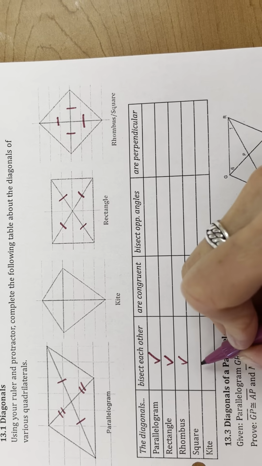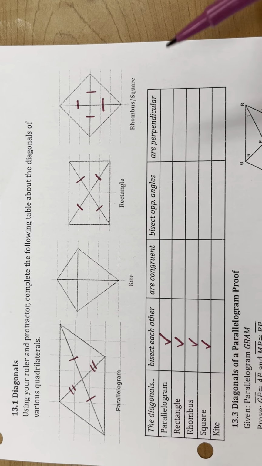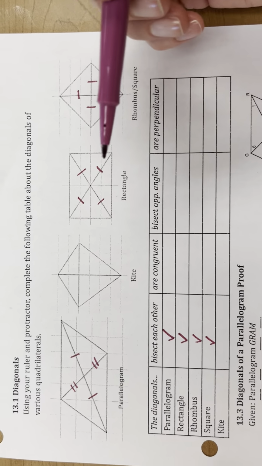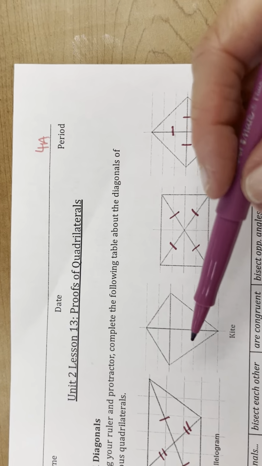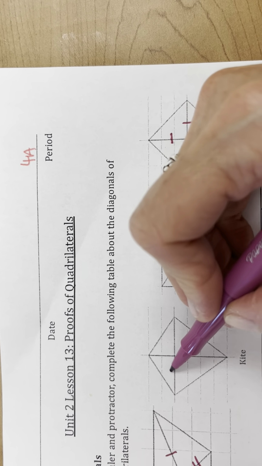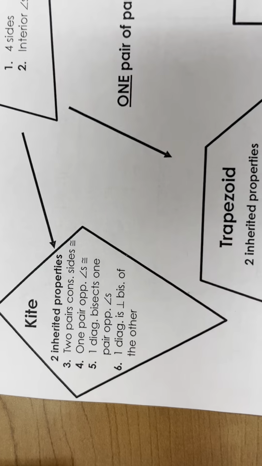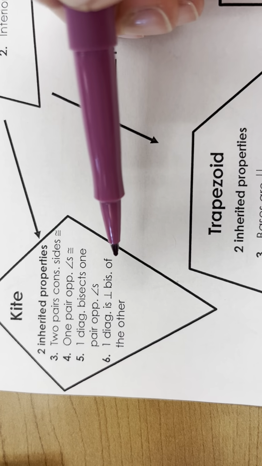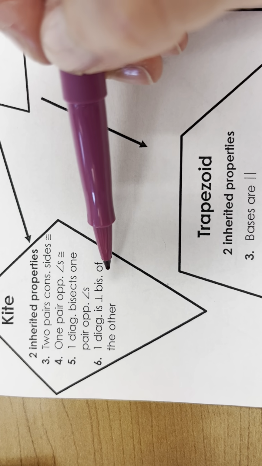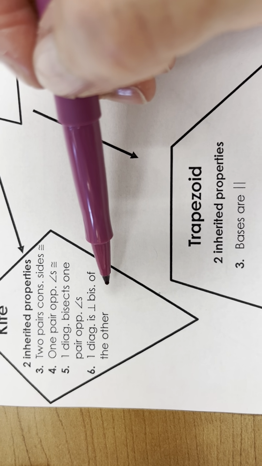So you can always refer to those while we're doing this as well. So yeah, we can check off square. And then in the kite, the only diagonal that gets bisected is this, because if you look at your sheet, notice what it says right here: one diagonal is the perpendicular bisector of the other.